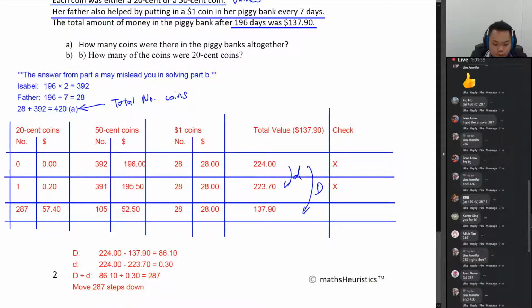Okay, if you do it by supposition, you have to be aware of your total value. The total number is going to be 392. The values of the coins will be 20 cents and 50-cent coins. Okay. Then the last one is the total value.